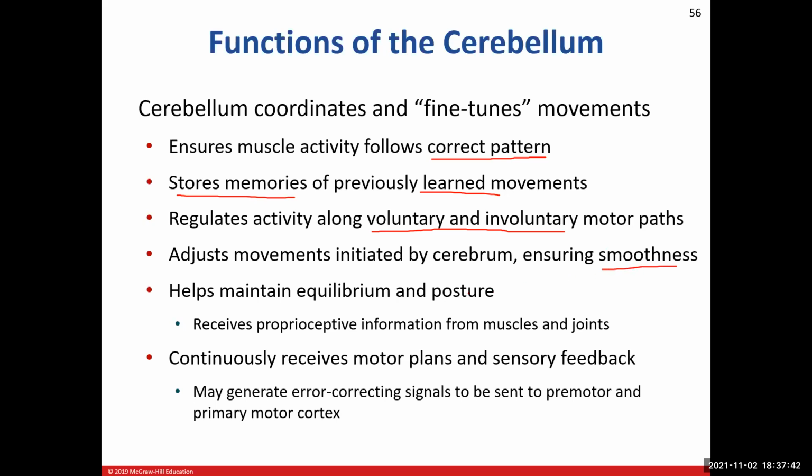That's what we love. So it helps to maintain that equilibrium, that posture, because we're constantly getting that proprioceptive biofeedback.